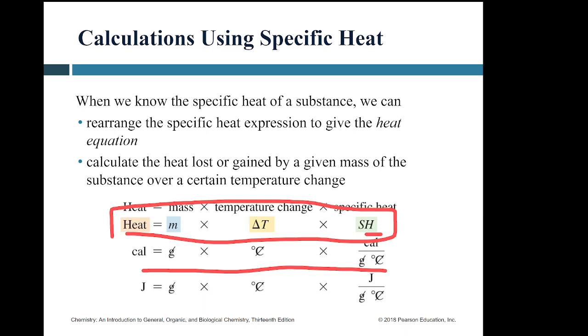So to get calories, you have to take the specific heat number, which has calories over grams degrees Celsius, and you have to cancel off grams, and then degrees Celsius. Okay. And all that's doing is this is just the unit workout for this. And they're all lined up together so you can see it easier.